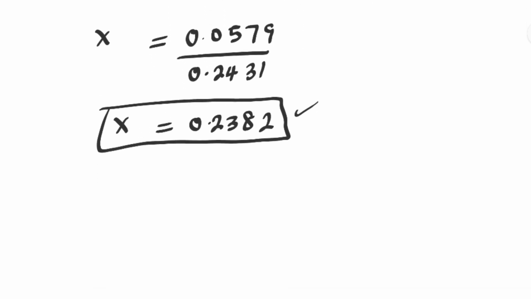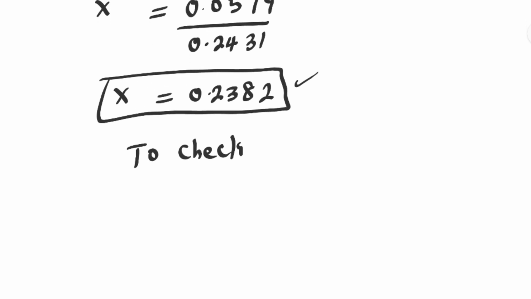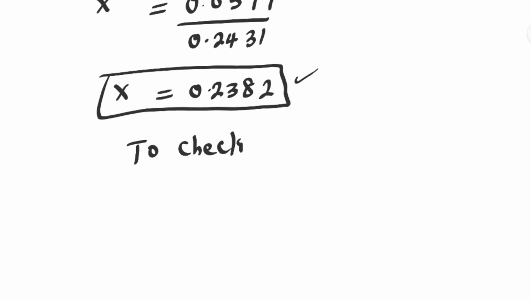Let's check. To check, we have the given equation: 7 raised to power x plus 1 is equal to 2 raised to power 2x plus 3.